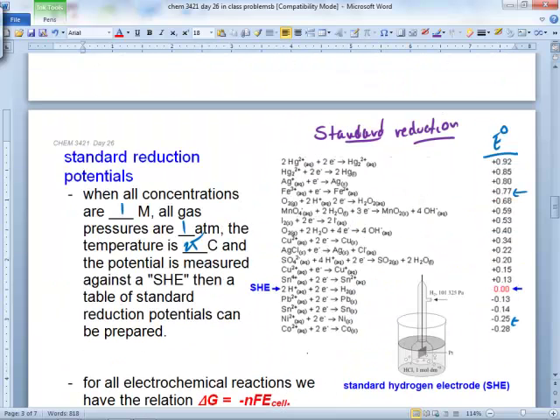Where are they? Below it. Yeah, because you notice what Kimberly said. Here's tin plus 2, but that tin plus 2 is getting oxidized. So no, we're talking about things getting reduced.